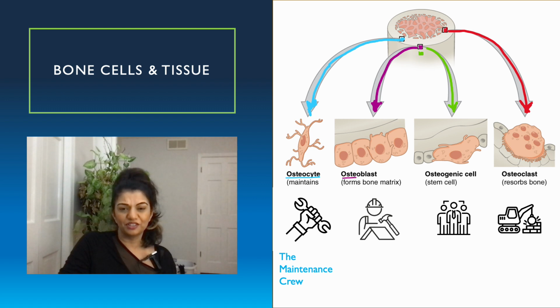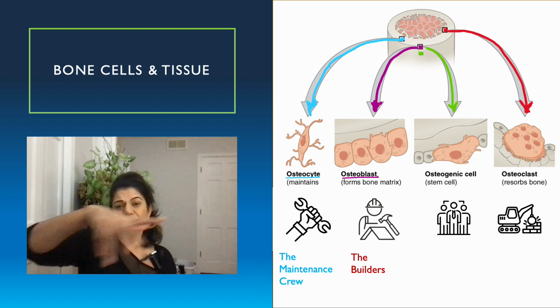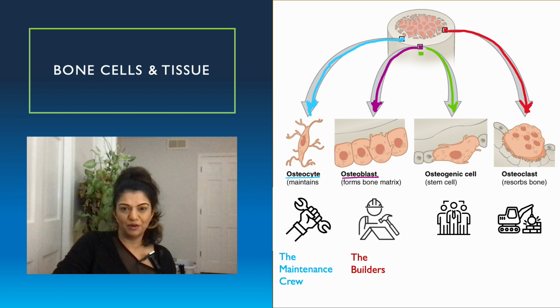Then we've got osteoblasts, and they are considered builders. They're hard-working builders that lay down new bone. Think of blast and builders. They hang out in growing areas, which would be the periosteum, as you can see based on that arrow, on the outer covering of the bone.